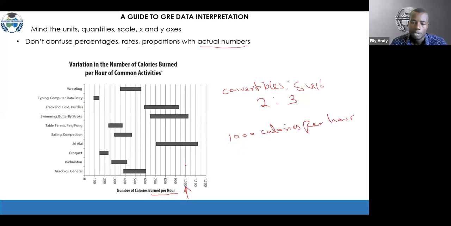So for someone engaged in an activity that burns 1,000 calories per hour, but they only engage in it for 30 minutes, their total calories burned would be half of 1,000. So again, pay attention to percentages, rates, proportions, and don't confuse them with actual numbers.